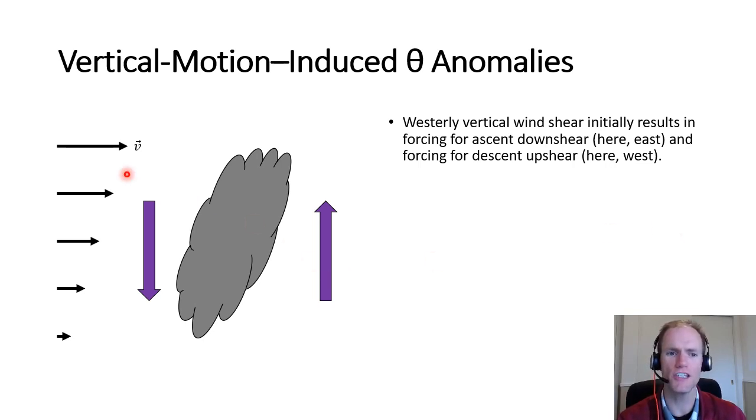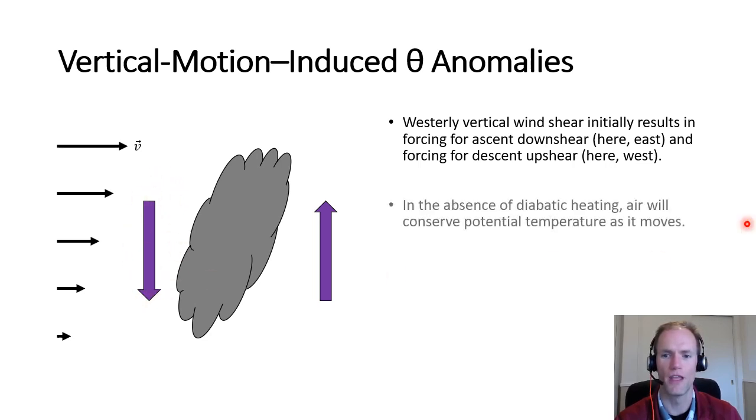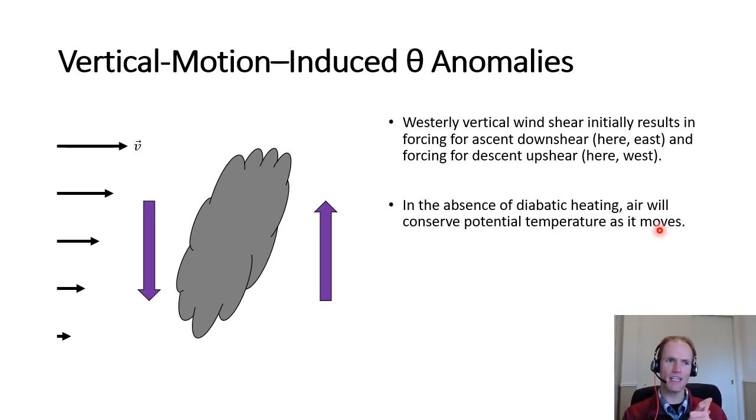So as we discussed on the previous slide, this westerly shear here initially results in ascent down shear, or to the east in this case, and descent up shear, or to the west in this case. Of course, in the absence of diabatic heating, air will typically conserve potential temperature as it moves. So we neglect latent heating, radiation, surface heat exchange, things of that nature.